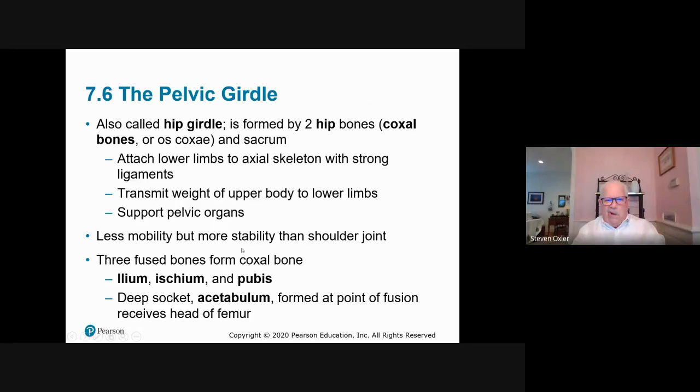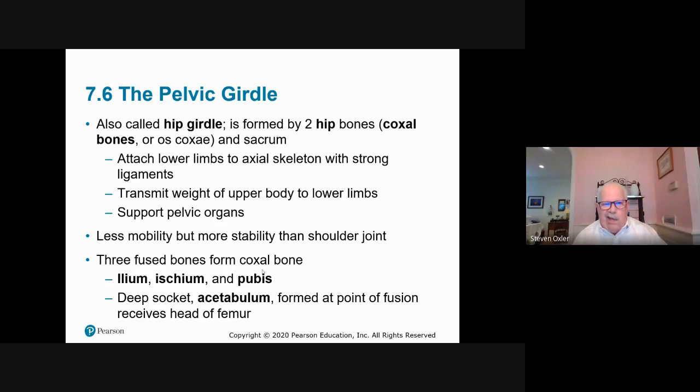The coxal bone consists basically of 3 fused bones: the ilium, the ischium, and the pubis. Like the shoulder bone and the shoulder girdle, it also has a deep socket.